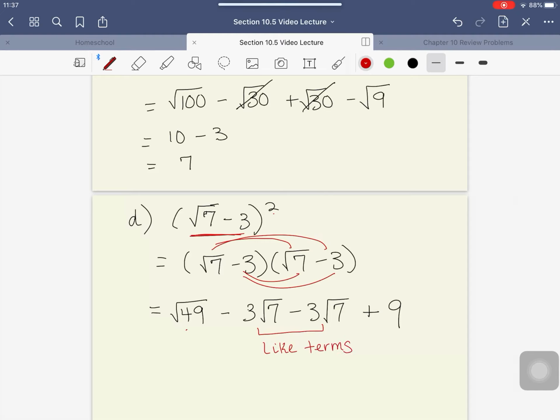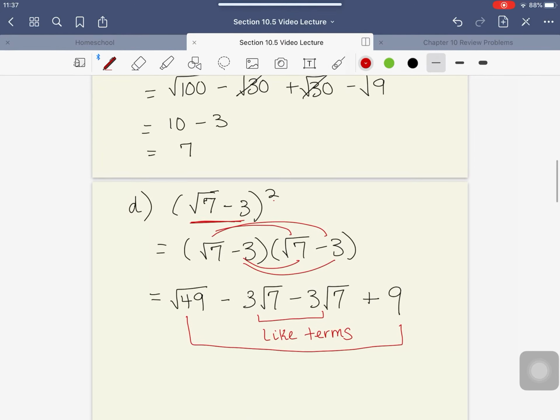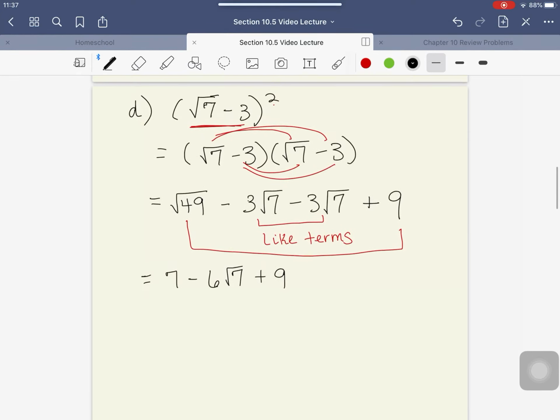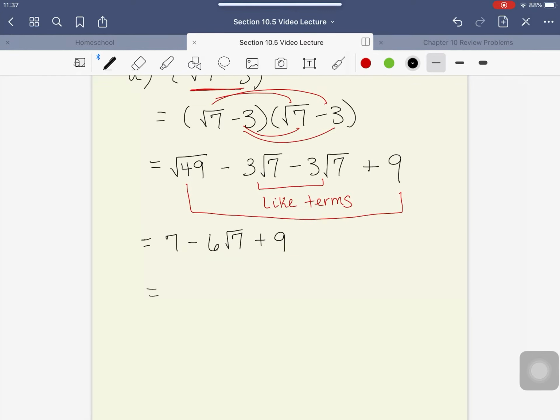And these will also end up being like terms because the square root of 49 is 7. All right, so now I have 7 minus 6 square root of 7 plus 9. And 7 plus 9 is 16. So 16 minus 6 square root of 7 is the final answer.